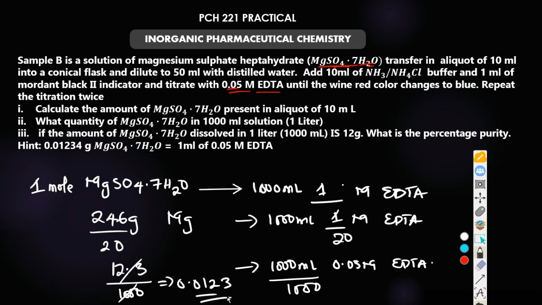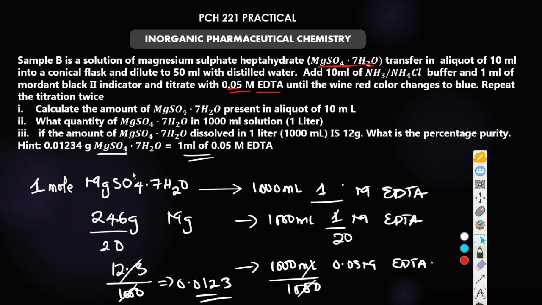Are you getting it now? We react with what? 1 mil of that. That is the value they got here, 0.01234, 0.0123. Is that okay? Those of you that are getting another value, it is because in that question they use magnesium sulfate. In your manual they use only dried magnesium sulfate and not the heptahydrate. So you should know the difference between magnesium sulfate and the other.